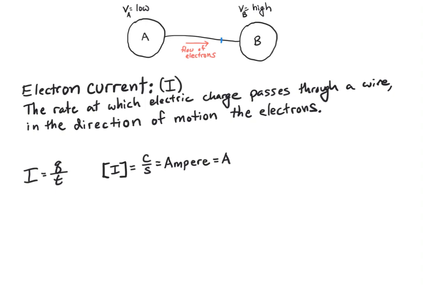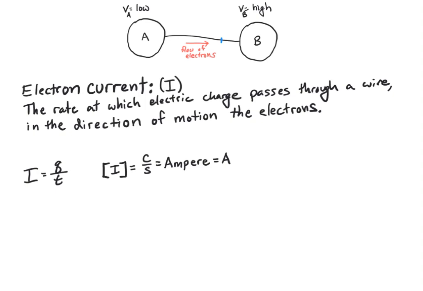So when scientists were originally experimenting with this whole idea of current and electricity, they didn't really know what it was. They didn't have the concept of electrons. Electrons weren't discovered for more than 100 years later. Likewise with protons, that was even longer than that.